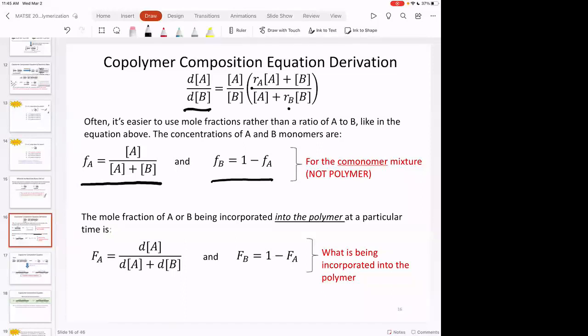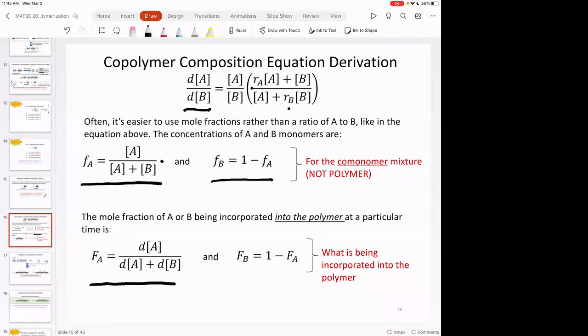So you get moles over moles. And so we're only talking about 2 monomers, and so once we define FA, 1 minus FA is FB. So if you don't believe me that this is mole fraction, just put in moles per liter, moles per liter, moles per liter, right? All the liters cancel out and you have moles over moles. You're all set.